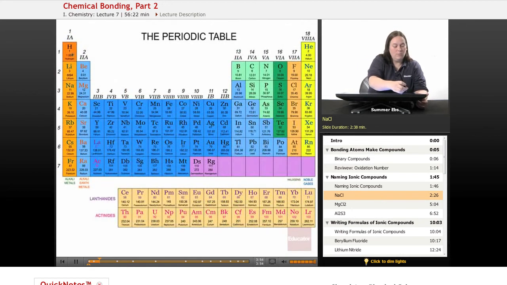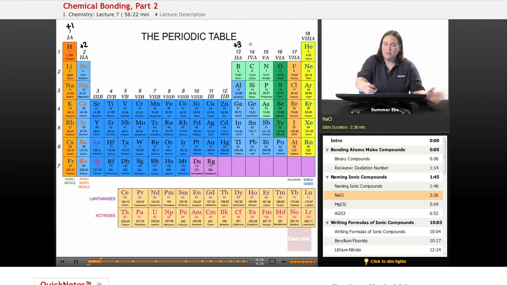Okay, so group 1 with our hydrogen, lithium, sodium, K for potassium. These are all going to be our +1 oxidation numbers. Group 2 will be +2. Remember to skip groups 3 through 12, skip those transition metals, and head over to group 13, where the oxidation number is a +3. Carbon, in group 14, they can be plus or -4.